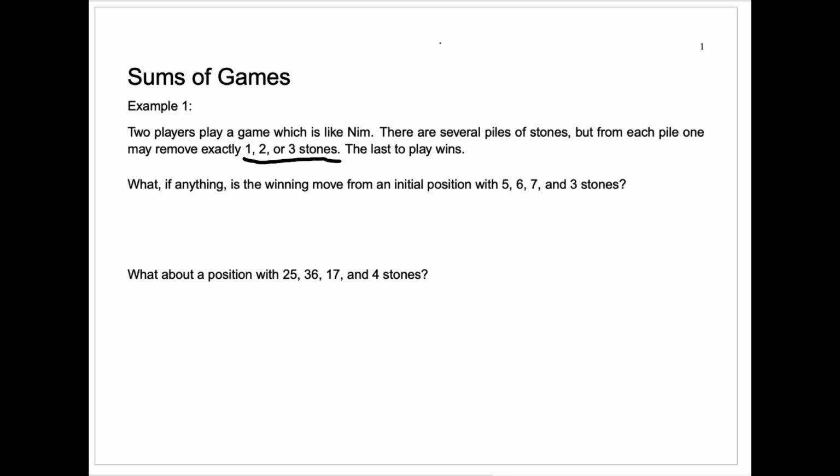Well, this game consists of 3 piles. And we already know how to play the 1-pile version of this. That's, as I said, the one that we played early in class, when we first started talking about the Sprague-Grundy function.